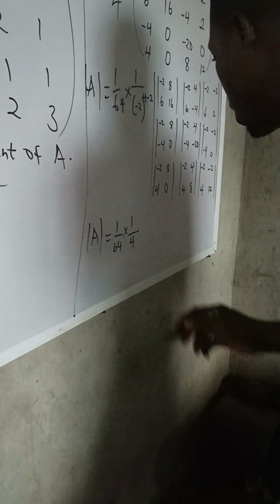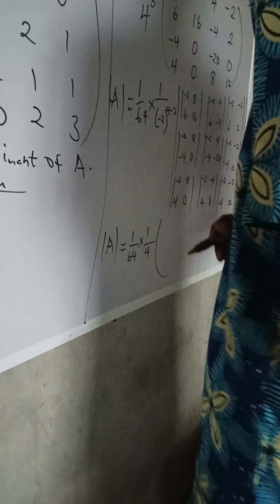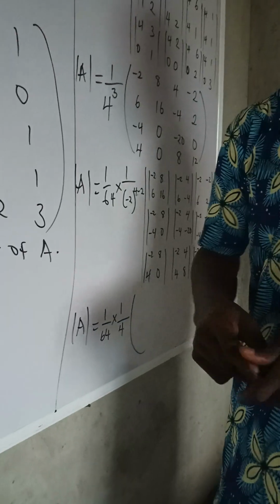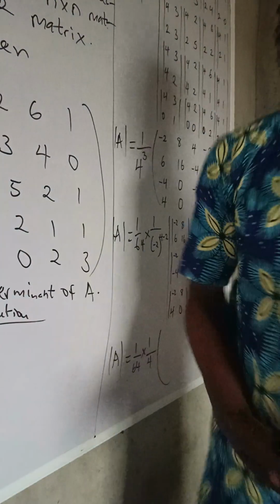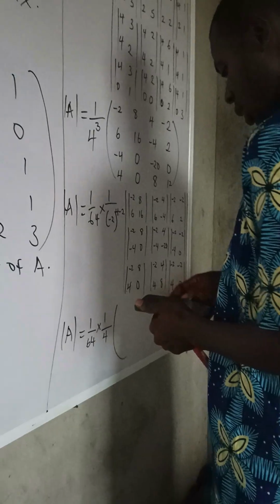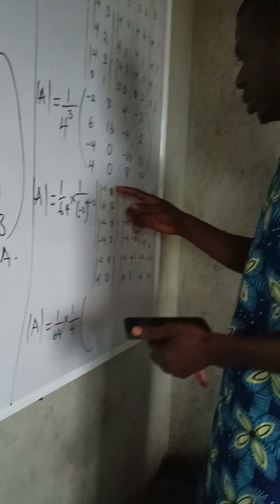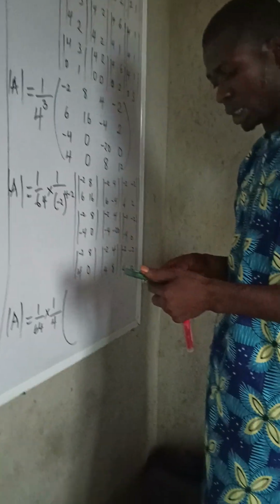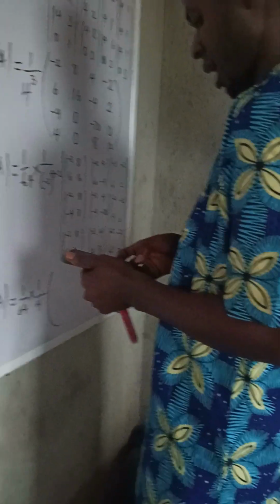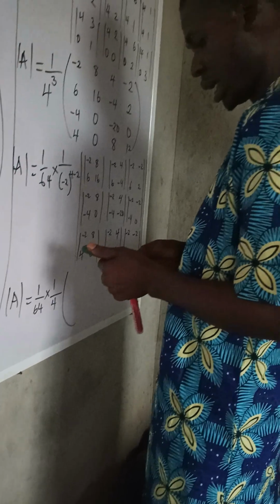So we have times 4 into, now let's multiply each and every term we have here. We are going to have, let me take calculator, apply some things. So we are going to have minus 2 times 16, that's minus 32, then minus 48. You have minus 80.